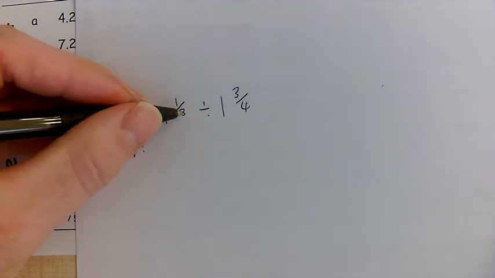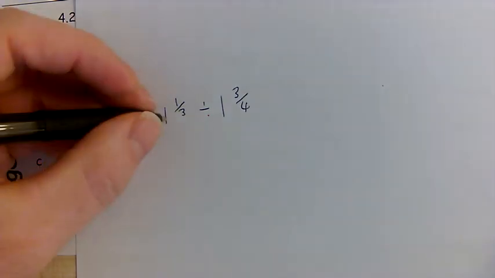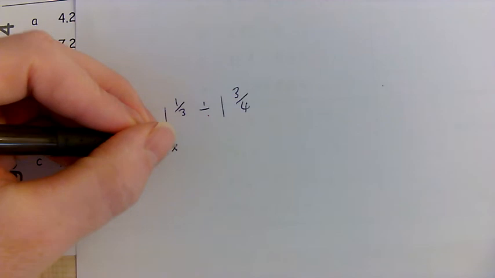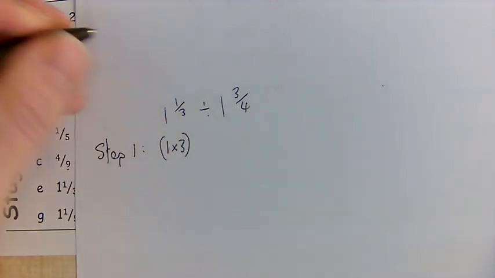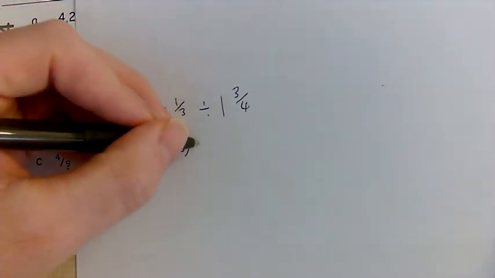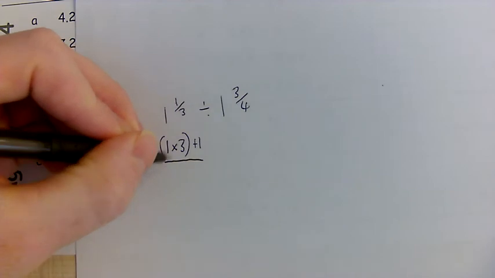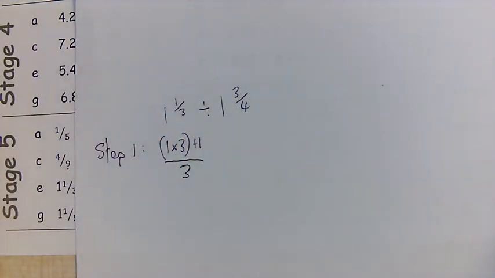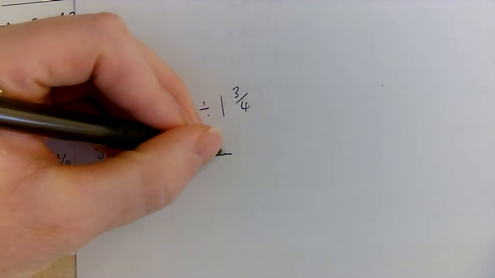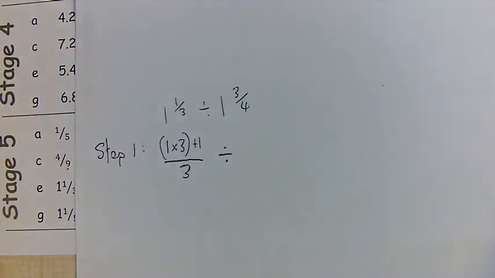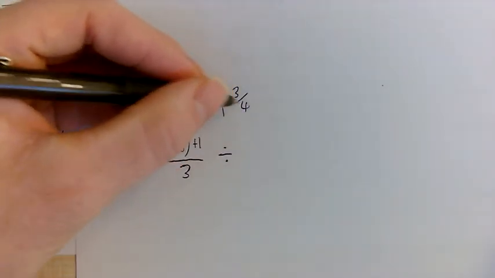So we need to figure out how many thirds are in one whole number. So we need to do 1 times 3, and then we add on an extra 1. So that's going to be my numerator, and we're working in thirds. Same with the second mixed number. This time we're going to do how many quarters go into 1.